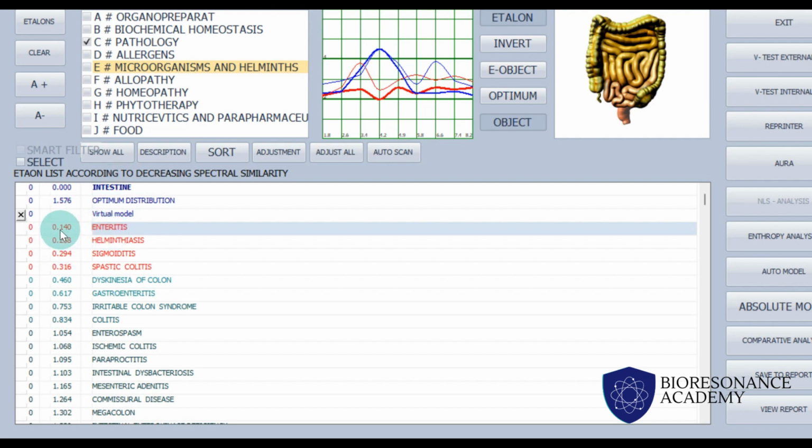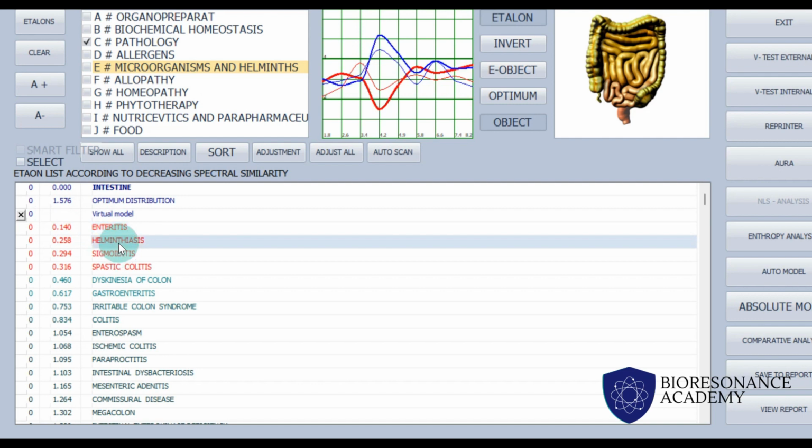But the moment that the value here gets smaller and smaller, that means the difference between the frequency of our intestine and the frequency of an enteritis patient is shrinking. The moment the two start to resonate very similarly, the D value here, the difference, is going to fall. Now that is when we are getting closer and closer to resonating at a disease frequency. So this is what we want to stay away from.